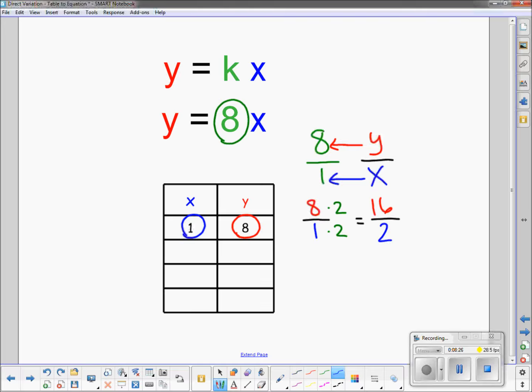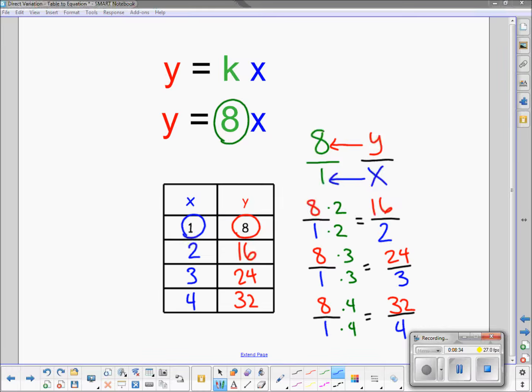Now my y is 16 and my x is 2. And you can see that I have finished finding equivalent fractions, and I have plugged those values into my table.